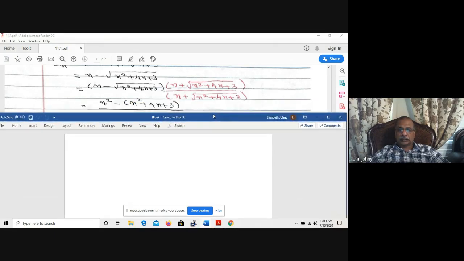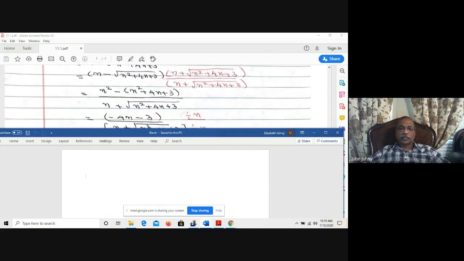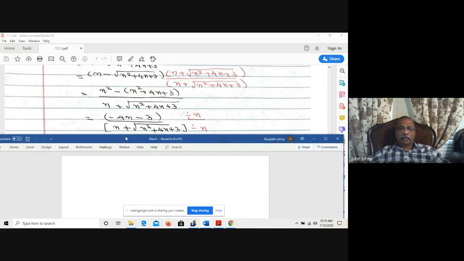So that is n square minus, since (a minus b) times (a plus b) is a square minus b square, n square minus (n square plus 4n plus 3) in parentheses, divided by n plus the square root of n square plus 4n plus 3. You distribute that negative sign, n square cancels, and you get minus 4n minus 3. The numerator is minus 4n minus 3 divided by n plus the square root of n square plus 4n plus 3.